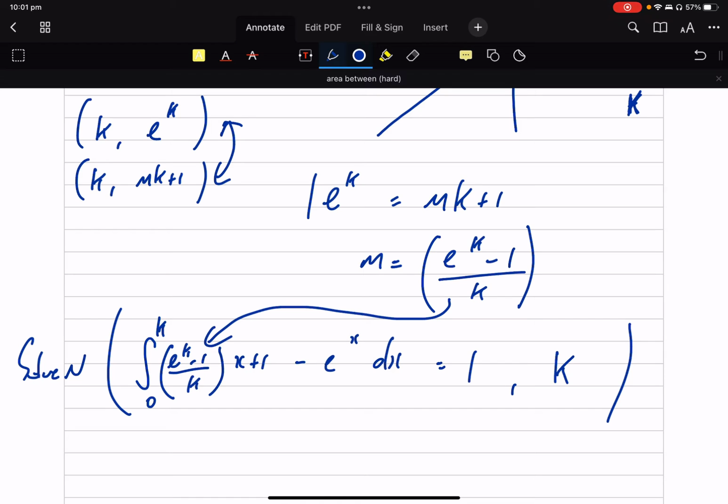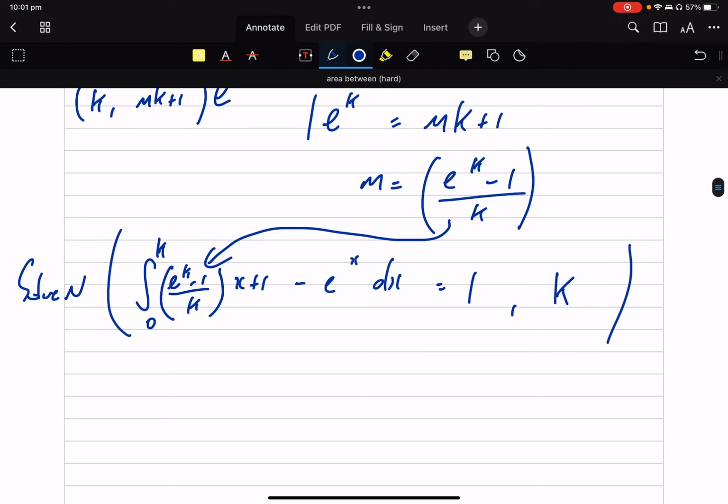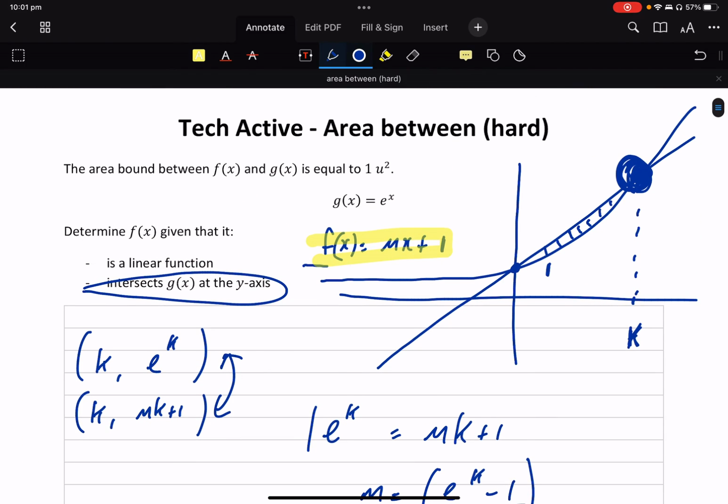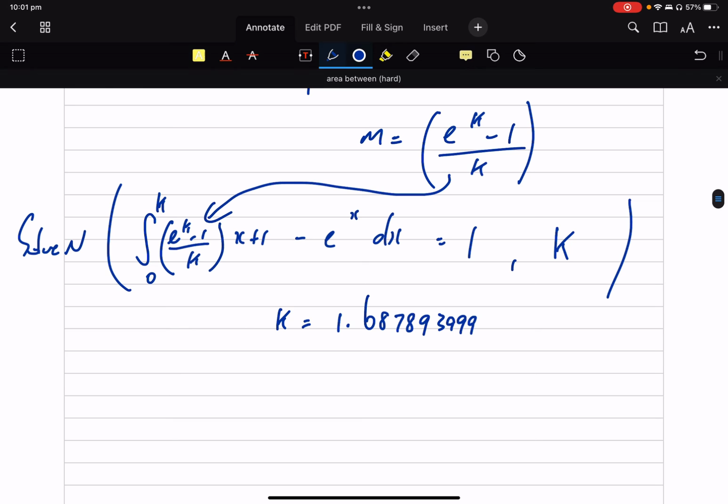We're going to nsolve that in our calculator. I've got my calculator here, I've already done this. So, and we get from there k equals 1.687. Because it's tech active, we're going to be as accurate as we can. Now, the question wanted, clearly I need to find m there, so finding k doesn't really do much for me.